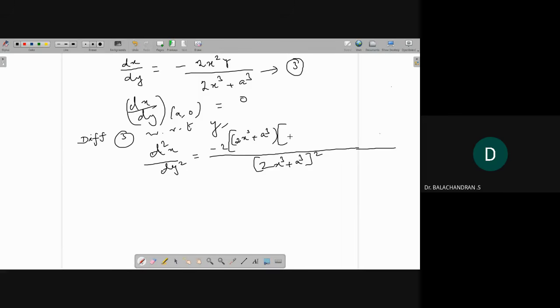Again, UV method. Keep x square. To differentiate y, you get 1, plus keep y. And if you differentiate x with respect to y, it means 2x into dx by dy.